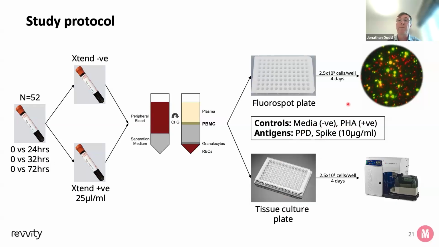For both platforms, 250,000 cells per well were used. Each condition was performed in triplicates, and the incubation time was 4 days. After this 4-day period, they were read using manufacturer's protocols or in our own in-house protocols for the flow cytometry.